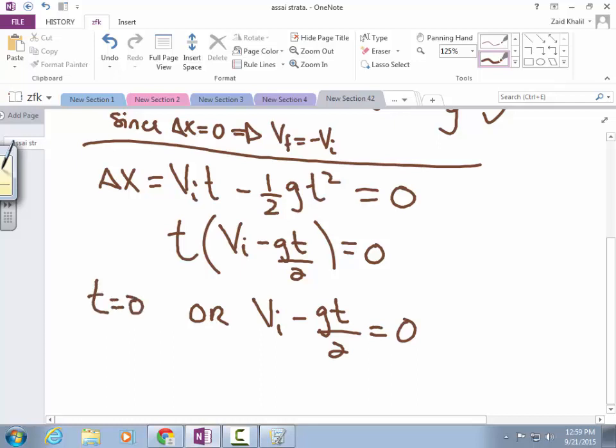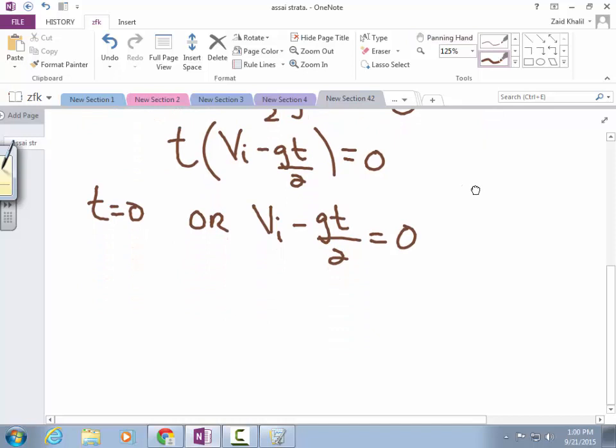I'll get back to this in a second. Solve for t here. What do you get? Anyone? T equals? Come on. 2vi over g. In other words, it's completely consistent with the other solution.